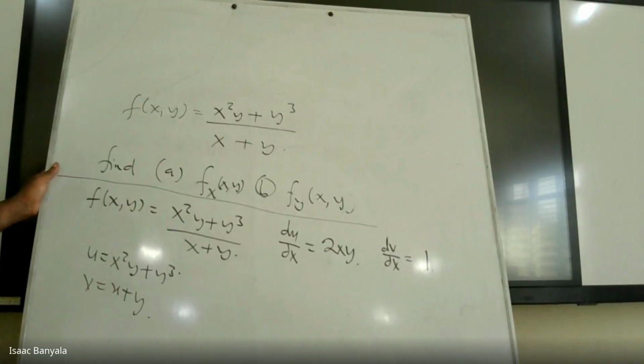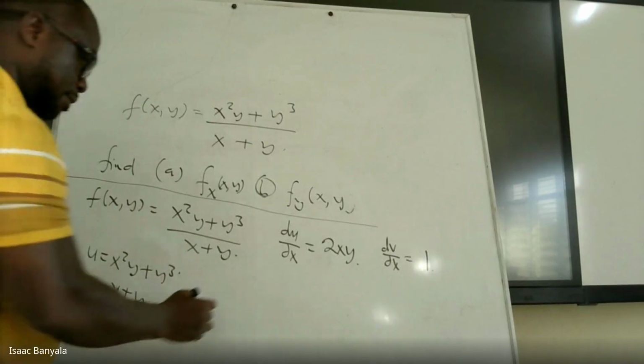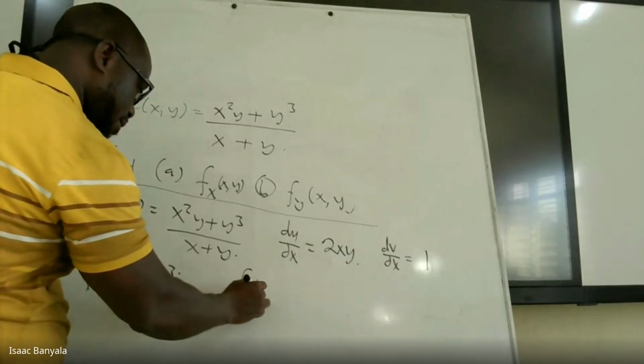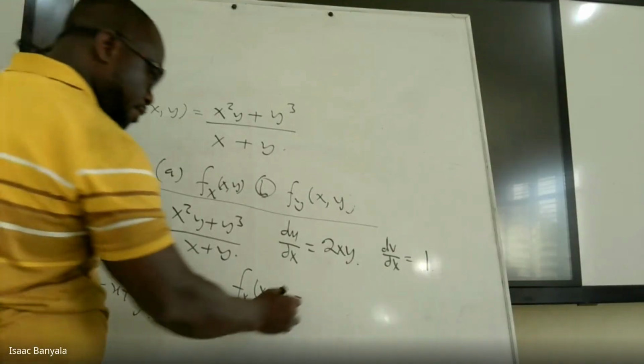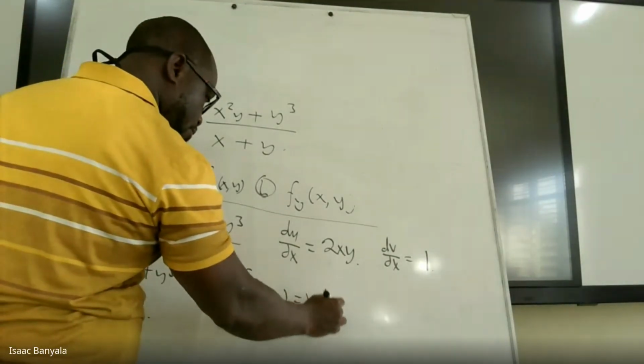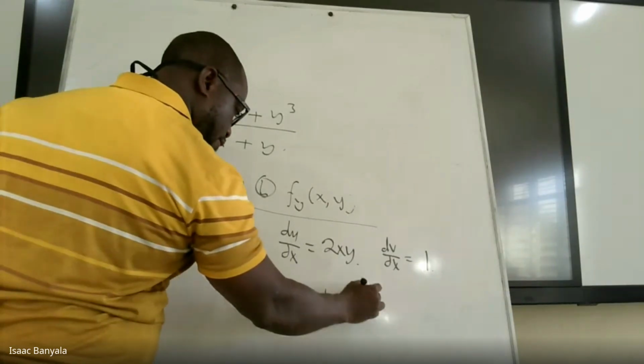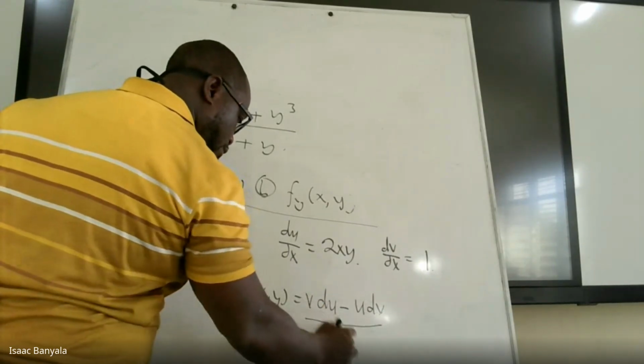Okay, so we are now going to use a formula. We have this, dy/dx is equal to v du minus u dv all over v squared.